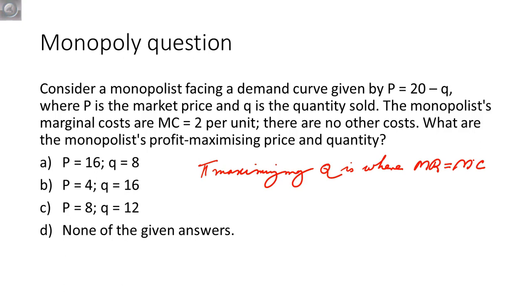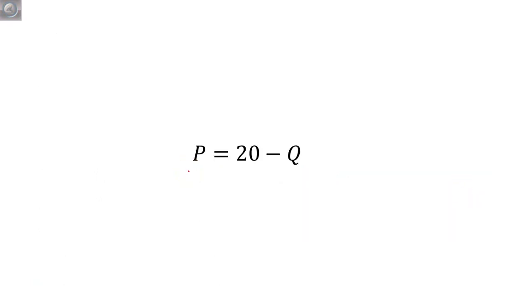And after you've established what that profit maximizing output is, then you can find the price at that profit maximizing output. So we're starting off with this equation which is representing a demand curve. Right, so it's price equals 20 minus the quantity demanded.